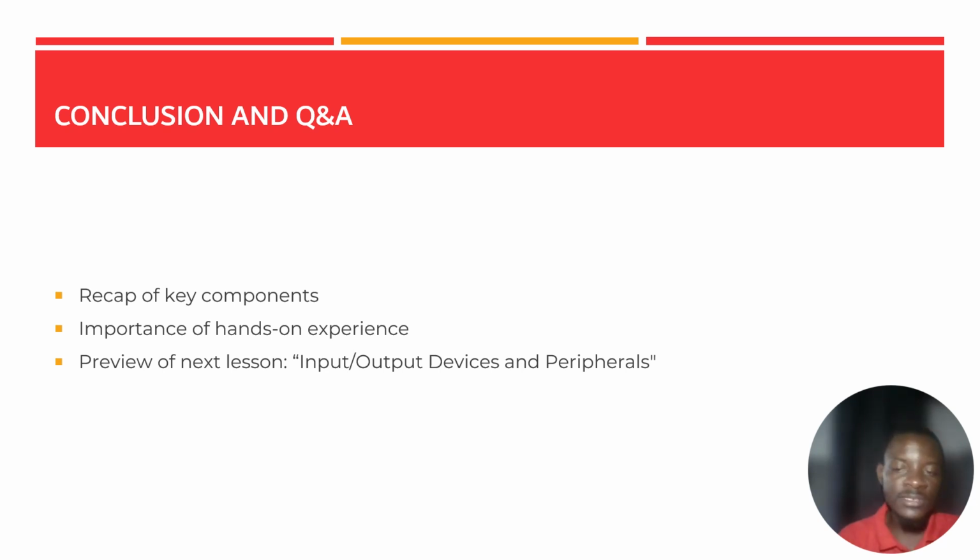So next steps, we practice identifying the components in real systems or online resources. You can try gaining hands-on experience by getting a PC or a laptop, opening it up, and trying to identify what those components are on a real system, or using online resources to identify which one is the RAM.